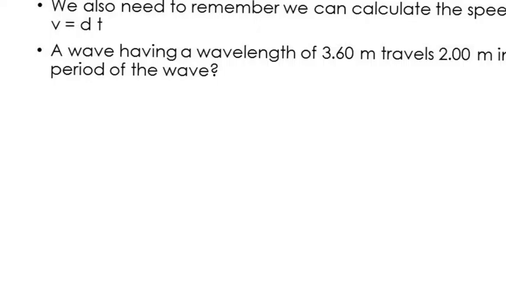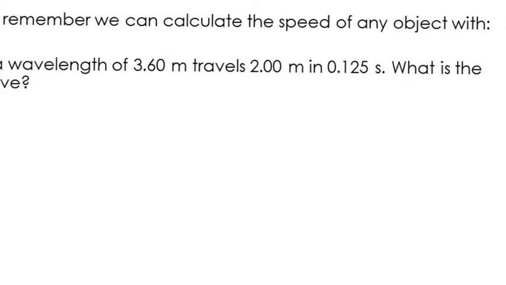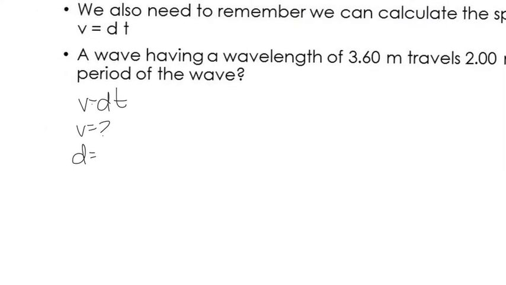So V equals d over t. V we don't know. D is 3.6 meters, the distance. Nope. That 3.6 is the wavelength. So we need to know the distance it travels. So it travels 2 meters in 0.125 seconds.